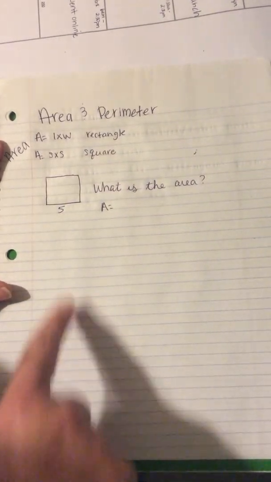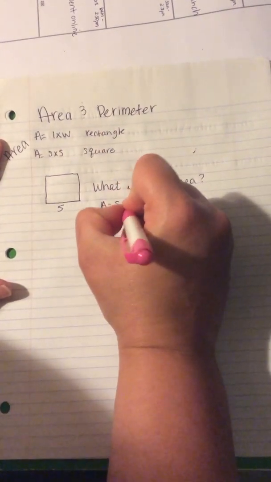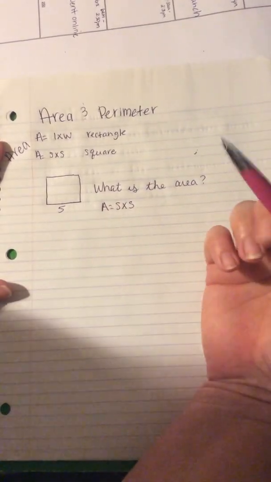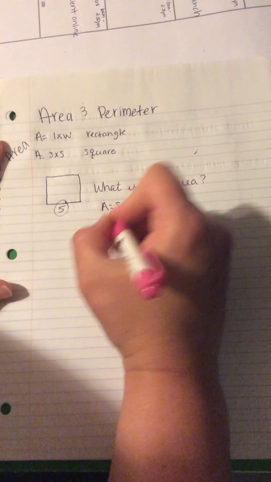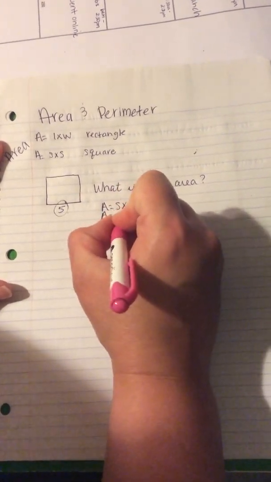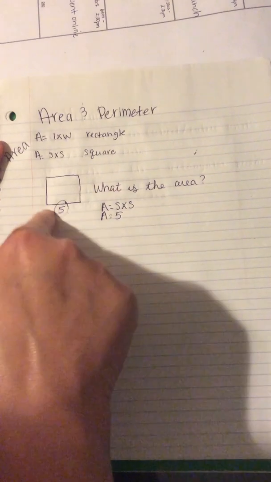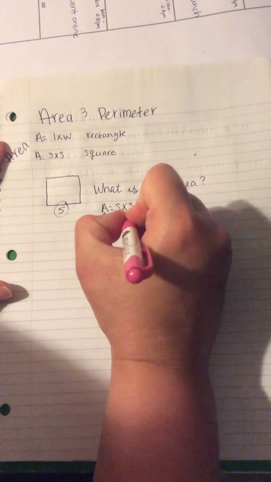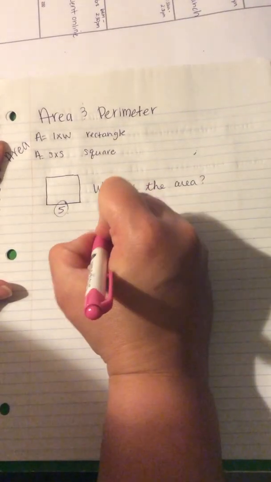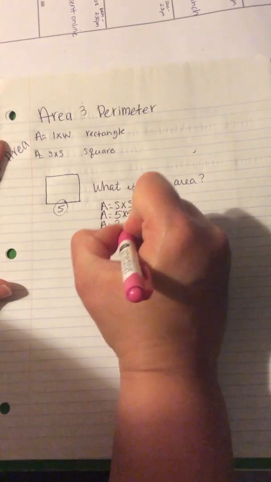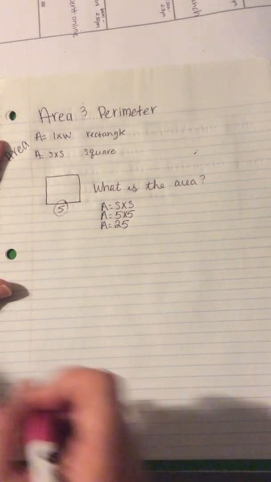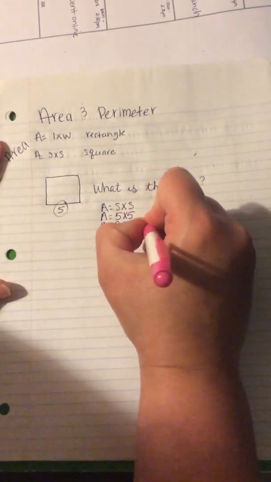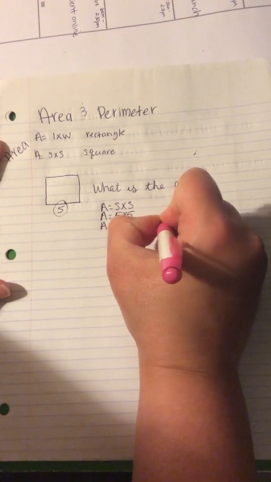Since I am working with the square, I'm going to put down S times S. Then I call it plugging in. I'm going to take my side length and plug it in for that side. I know this side is 5. Since it is a square, all my sides are equal. So this side will be 5 as well. 5 times 5 is 25. And I must remember to label my units. When I'm finding area, my units are squared.